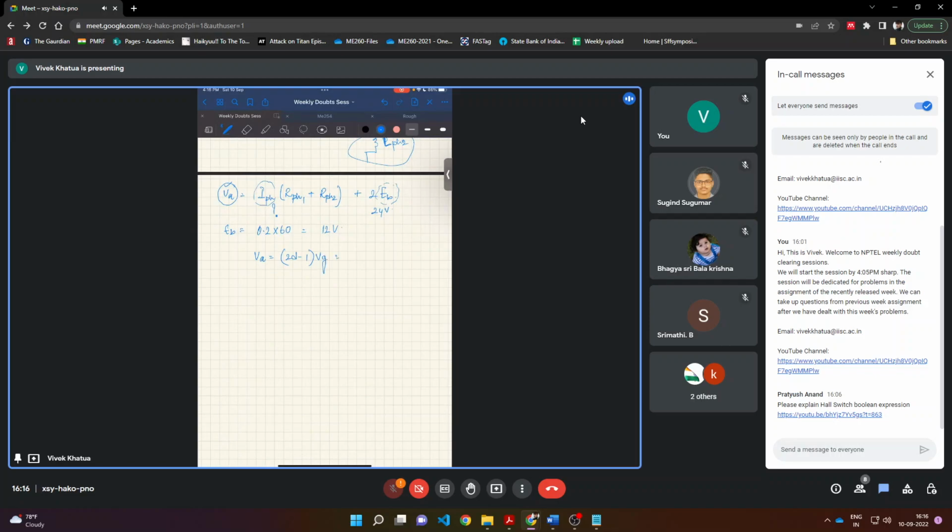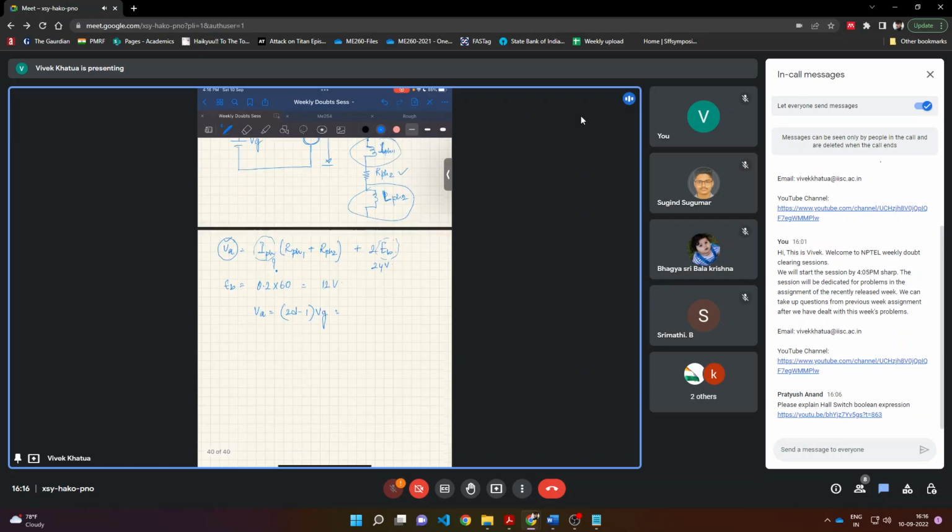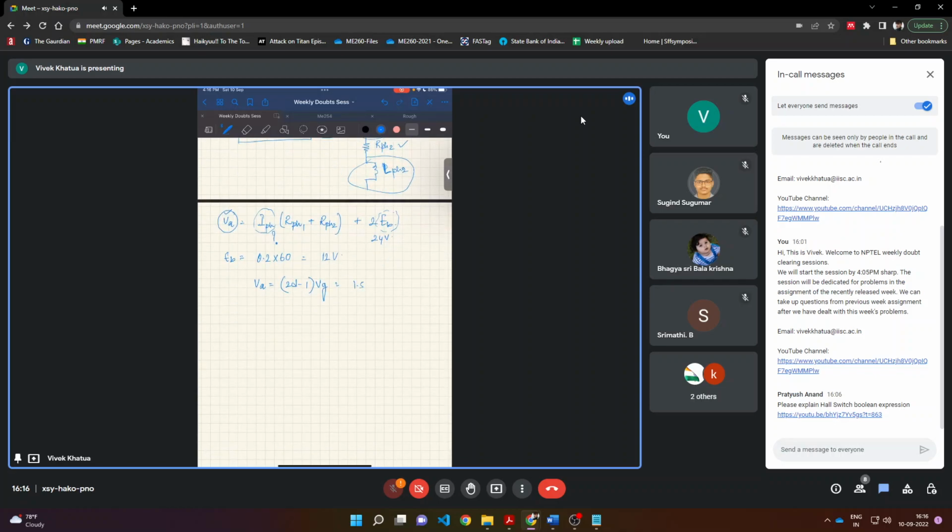So this will be 2 times 0.75 is 1.5, minus 1, is half, times 100 volts, that is 50 volts. From these two calculations, we have got all that is required to arrive at the current of the phase.